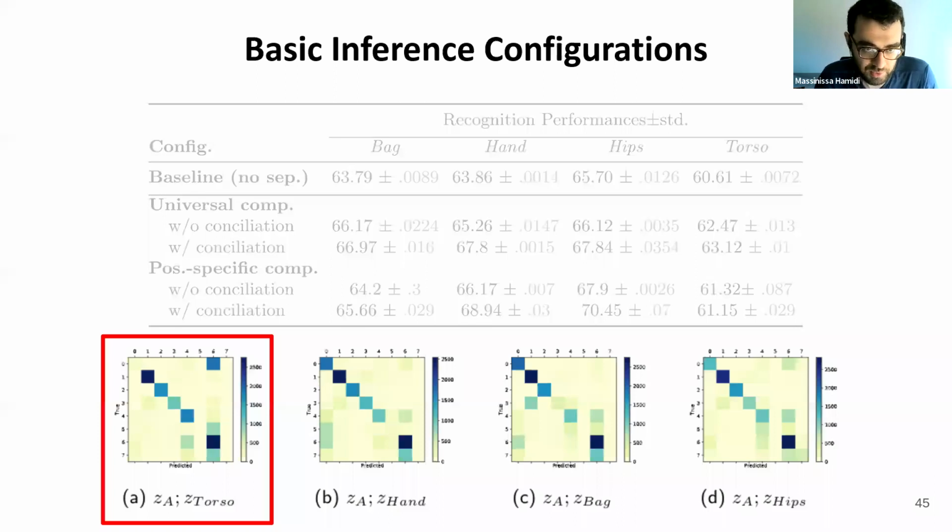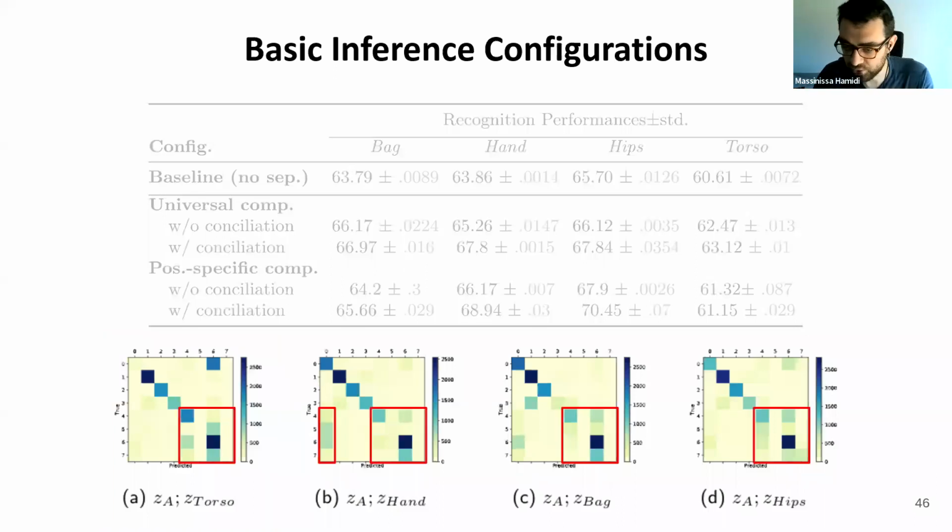Here we can also see the confusion matrices that combine the universal components of the central learner and the specific components. For example, combining ZA, the universal components, and Z torso, the torso-specific components. You can see here that some activities do not give good results.